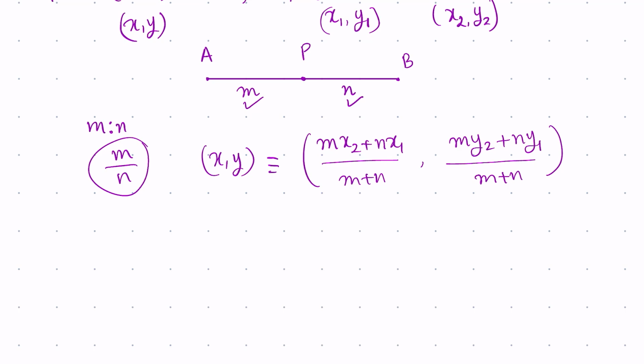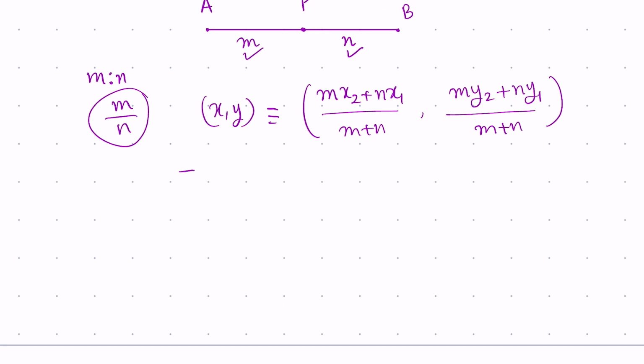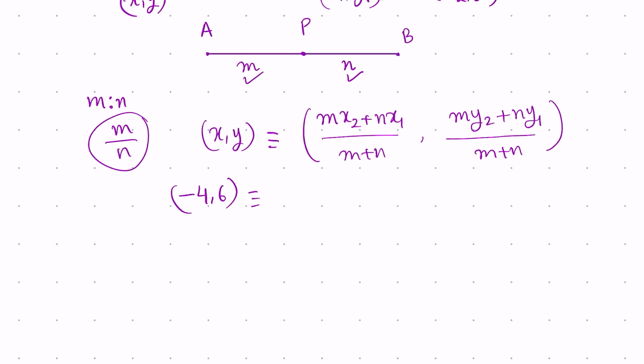So minus 4, 6 can be represented as, well, m and n are unknown, so we'll just leave it like that.